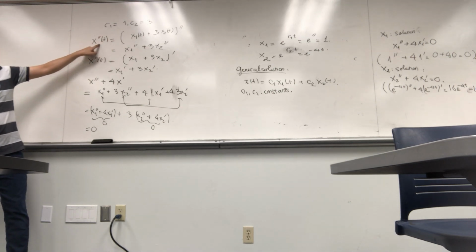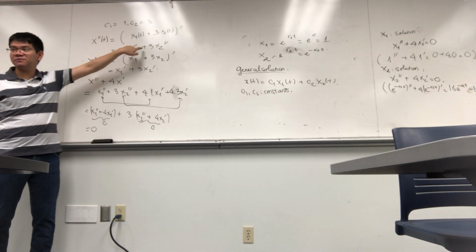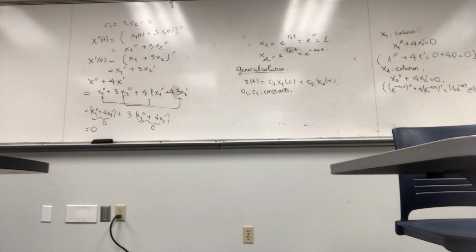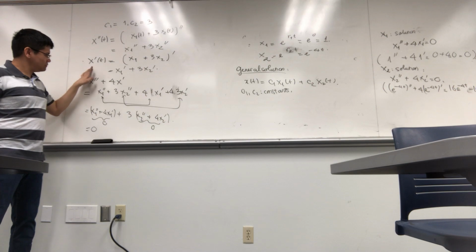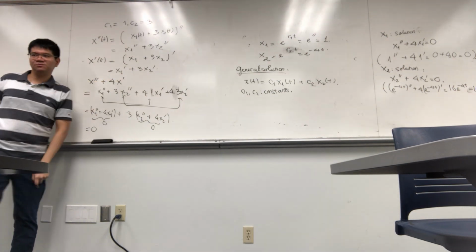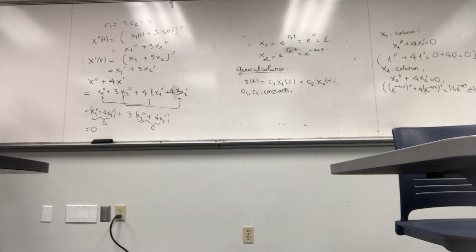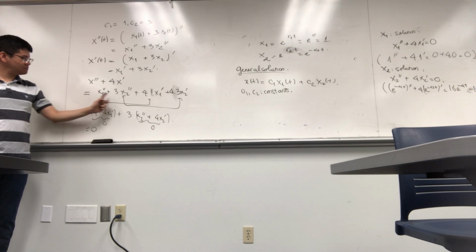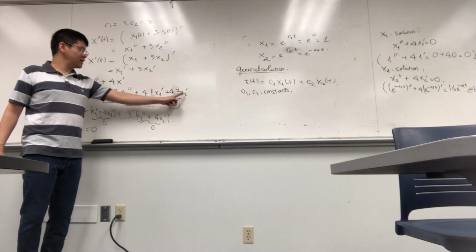I take the second derivative, which is nothing but x1 second plus 3x2 second. Because it's a linear combination, you can just take the derivative of each term inside the sum. It is also similar for x prime, so x prime will be x1 prime plus 3x2 prime. So x second plus 4x prime will be, you just take the sum of everything: x1 second plus 3x2 second plus 4 times x1 prime plus 4 times 3x2 prime.